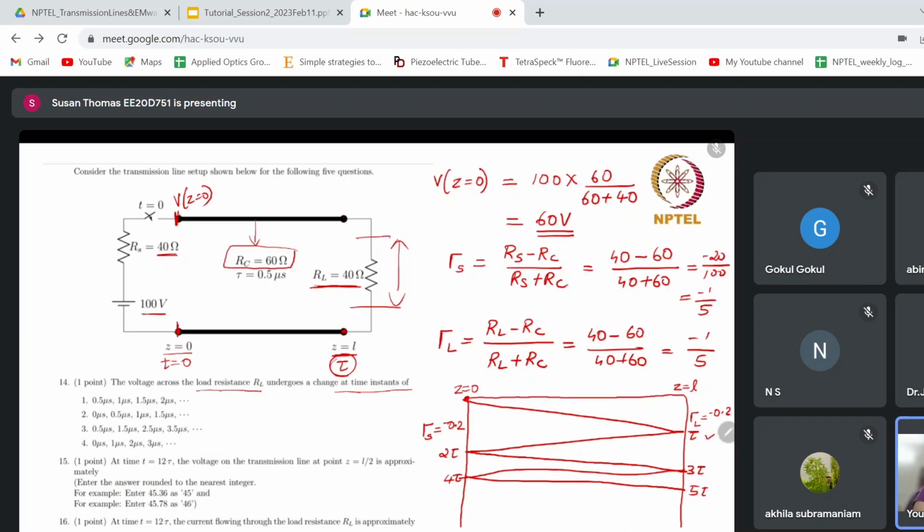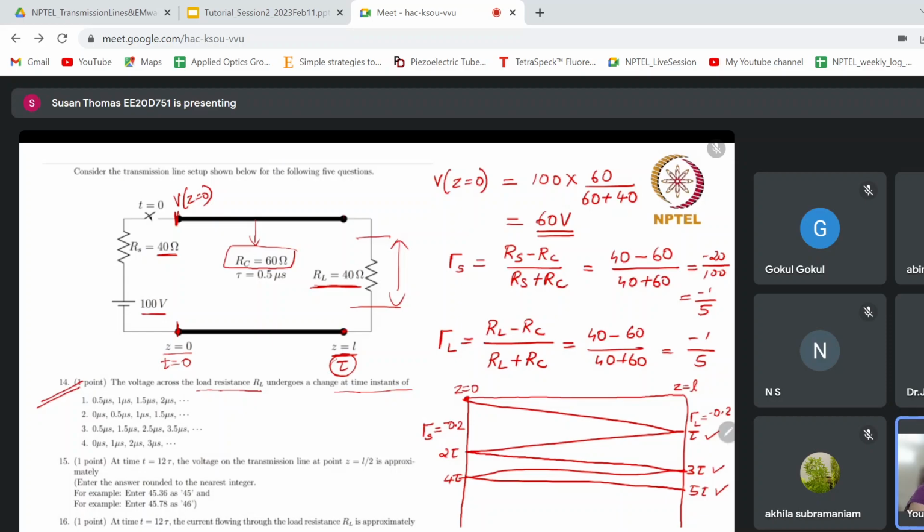At tau, 3 tau, 5 tau, 7 tau, etc. So this is the answer to our first question. The voltage across the load resistance changes at time instants tau, 3 tau, 5 tau, that is, odd multiples of tau.